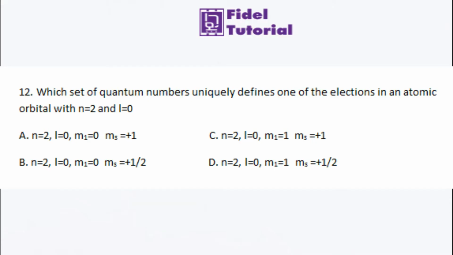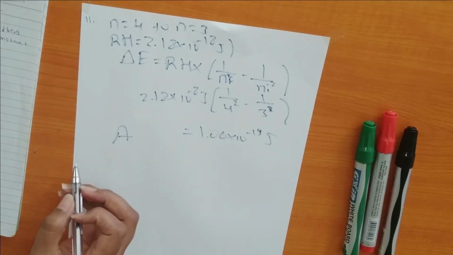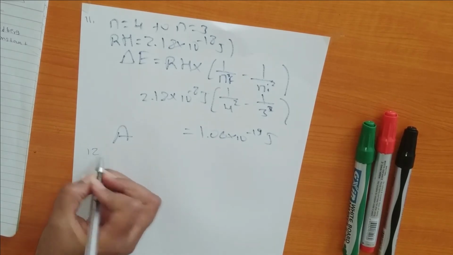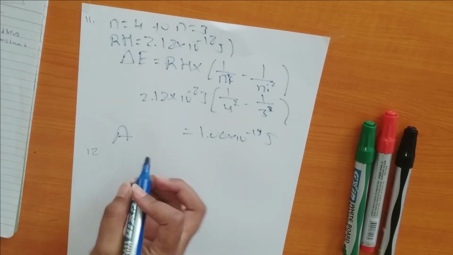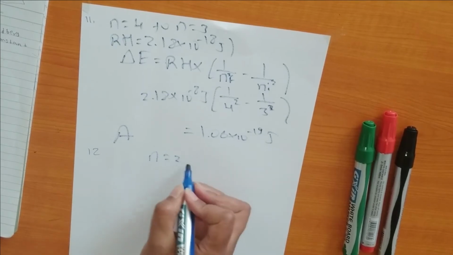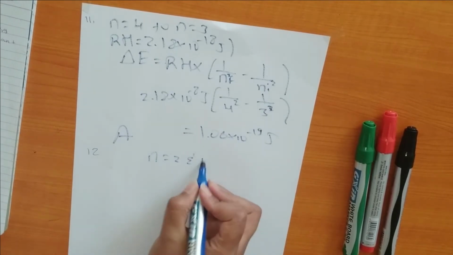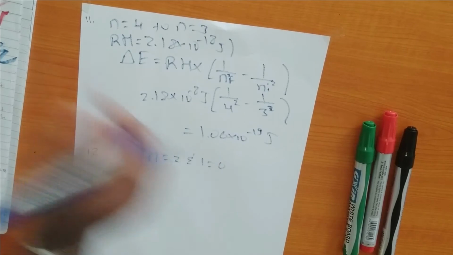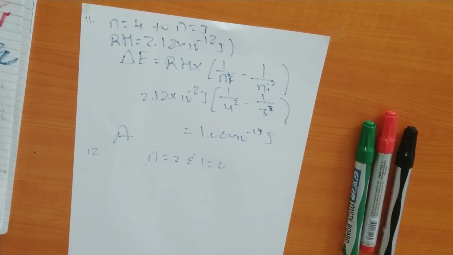Okay, number 12. Which set of quantum numbers unlikely defines one of the electrons in an atom orbit with n = 2 and l = 0? Our given choices are: A, n = 2, l = 0, ml = 0 and ms = plus 1.